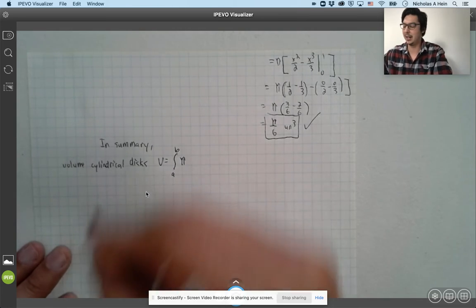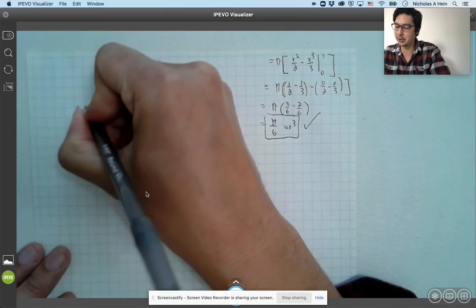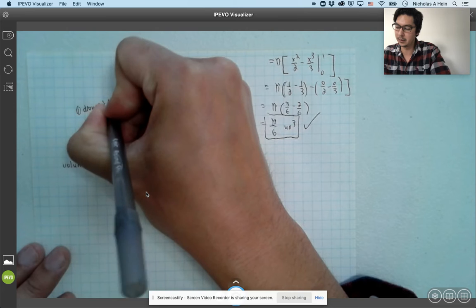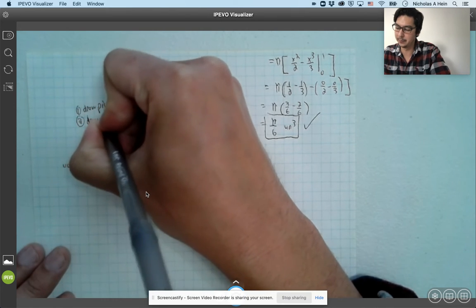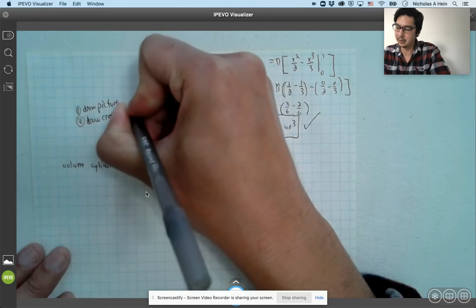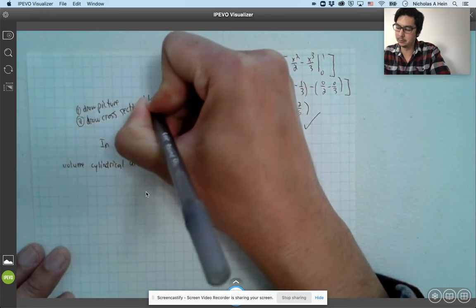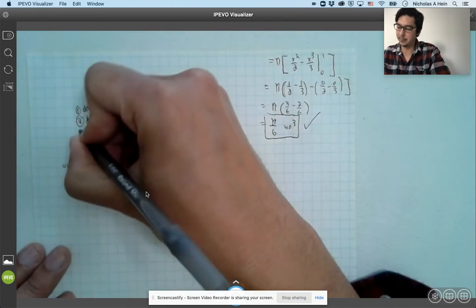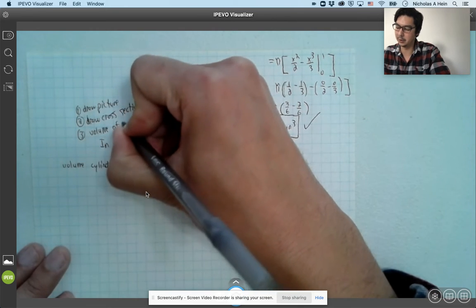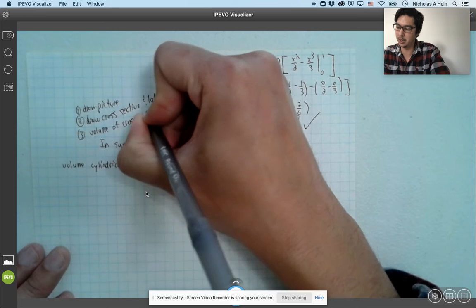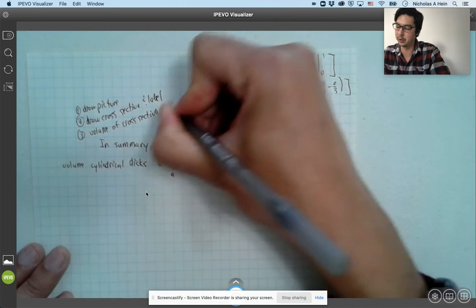Anytime you do these problems, you need to draw a picture, draw a cross section, and label. And then from there, you can try to find the volume of the cross section, which will help you with the volume of the entire closed region.